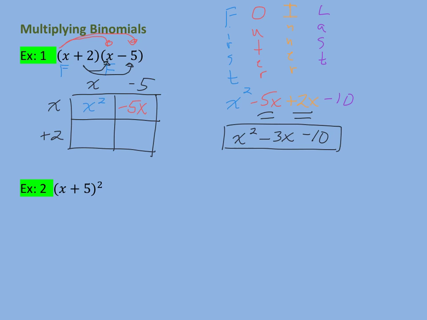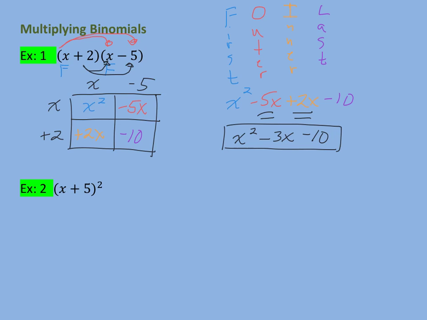So 2 times x is a positive 2x. And the final square here is intersected by 2 and negative 5. So 2 times negative 5 is a negative 10. And as you can see, these correlate to the same terms here for FOIL. So you can use either one.